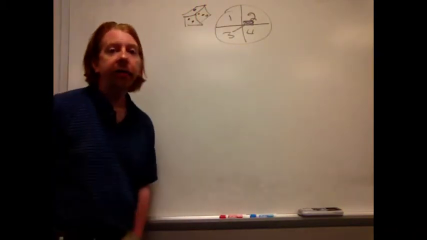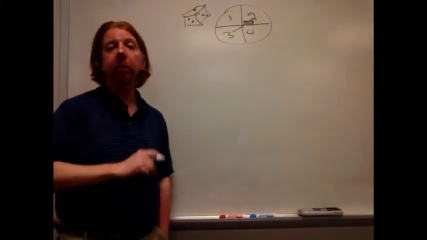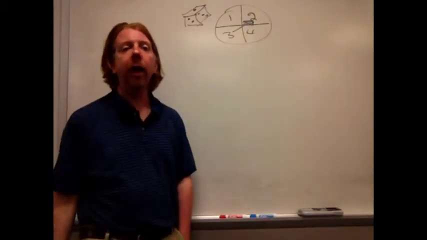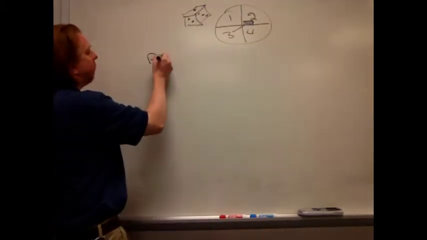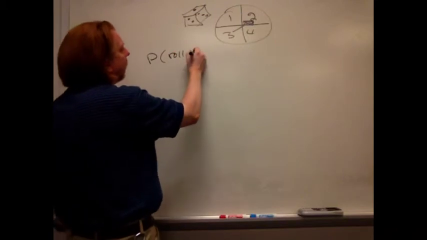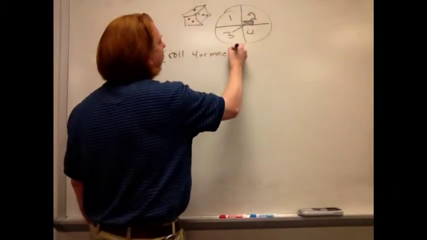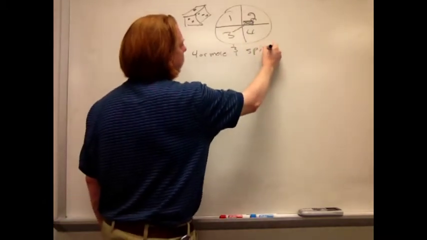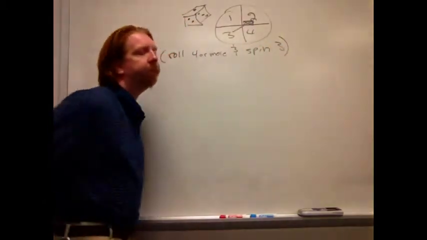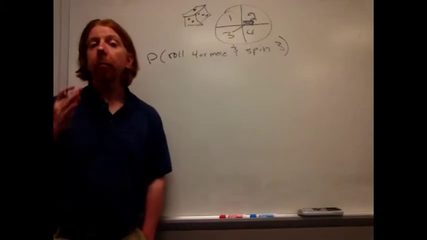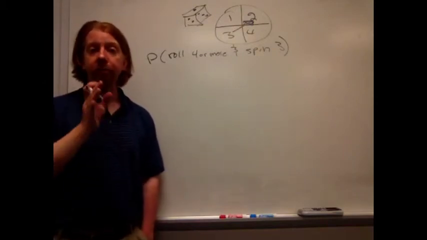Okay, I have a standard 6-sided die and a spinner marked off 1 through 4. I want the probability that I'm going to roll a 4 or more and spin a 3. Remember, the word "and" denotes a product.